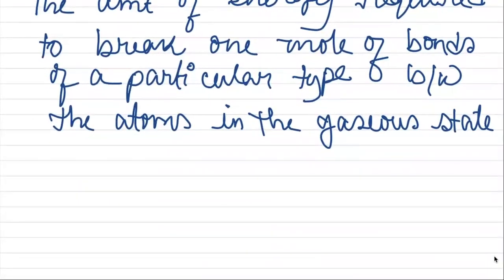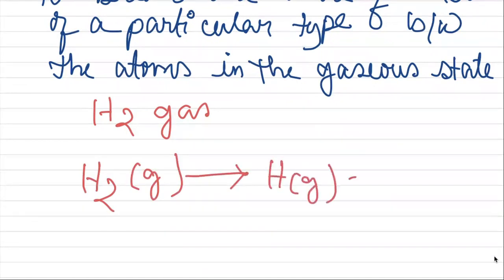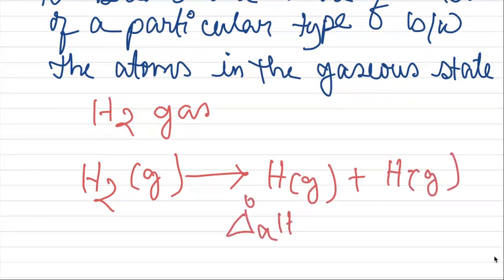Like bond enthalpy for hydrogen gas. For hydrogen gas, bond enthalpy is when hydrogen gas is broken down to hydrogen atoms, the energy required to break the bond is equal to 435.8 kilojoule per mole.